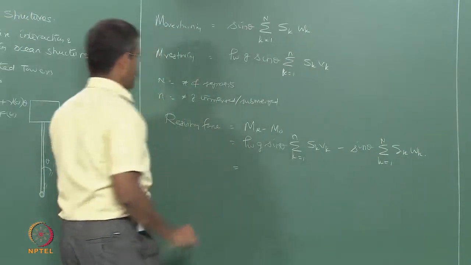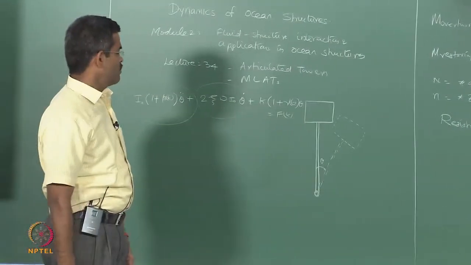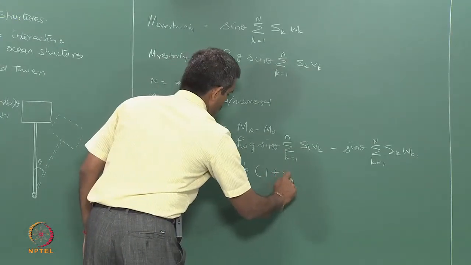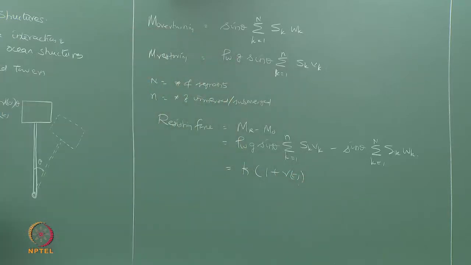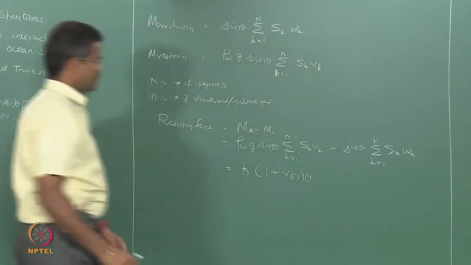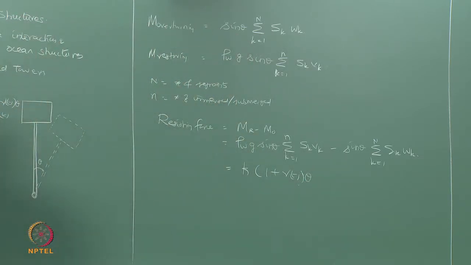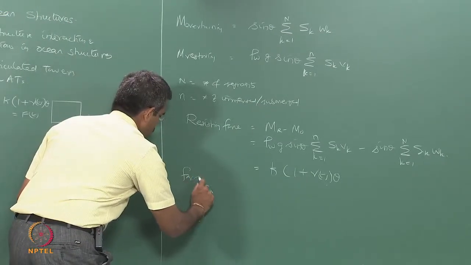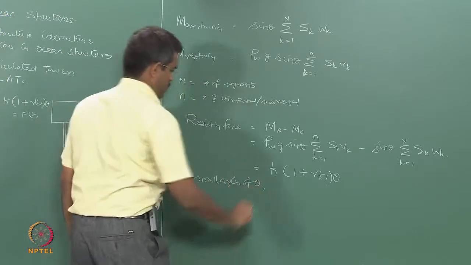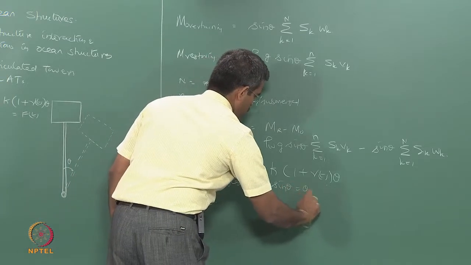We also know that the restoring component of the resisting force of this system will depend on the initial stiffness. So this should be equal to K of 1 plus nu of t of theta. Equating these two, we know that for small angles of theta, sin theta will be equal to theta itself.